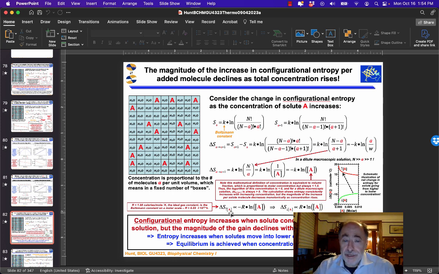So the entropy change you get for increasing the concentration by one molecule, multiplied by Avogadro's number, is negative R ln of the concentration of A.